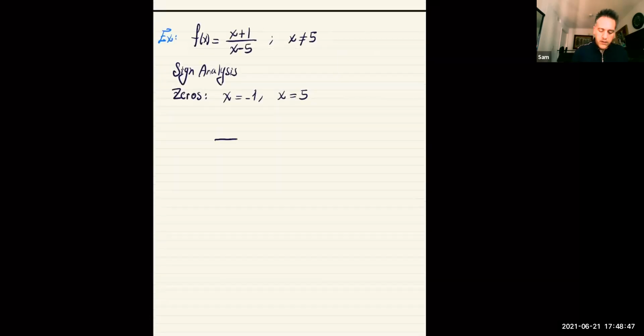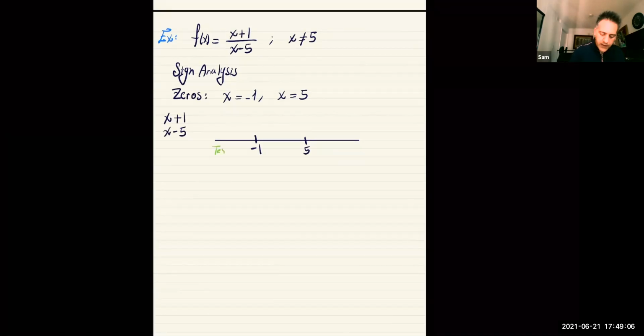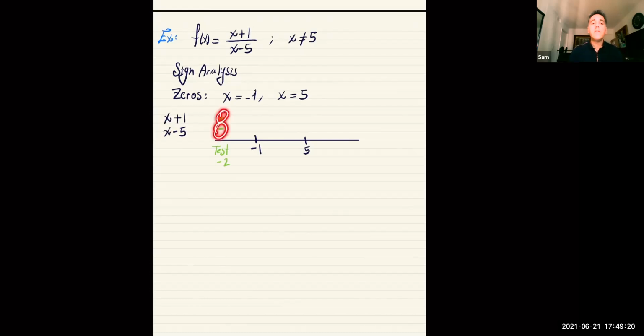You put those zeros on the number line, -1 and 5, and then you take a test point to determine the sign of these factors. For instance, I can test -2. -2 plus 1 is negative, -2 minus 5 is negative, and a negative divided by a negative is positive. The function is positive.